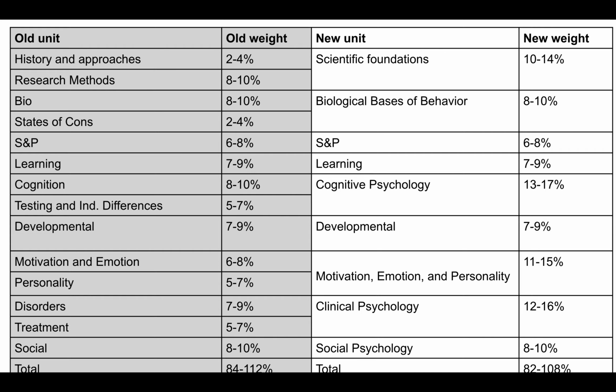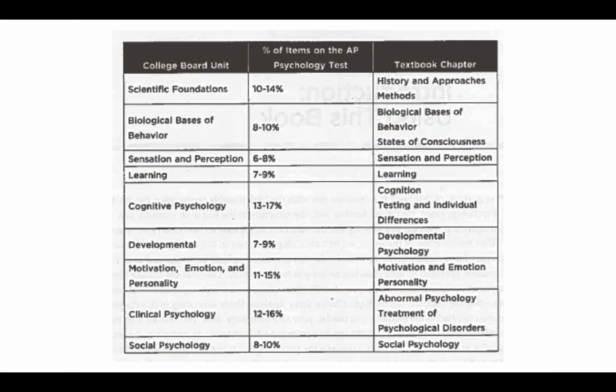The College Board reorganized those chapters into 9 new units over on the right-hand side. For example, you can see they combined history and approaches and research methods chapters into a new unit called Scientific Foundations. The percentages that you see here represent the proportion of items on the AP Psychology exam that will come from those units or those chapters.